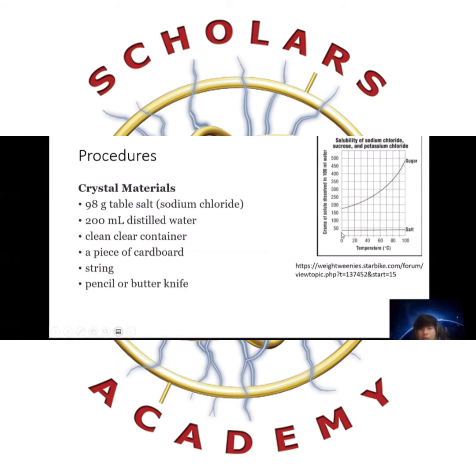When the temperature is raised at the same rate, sugar solubility increases dramatically, however salt stays almost the same. So this is why when we want to build a crystal with sodium chloride, it will take more time.